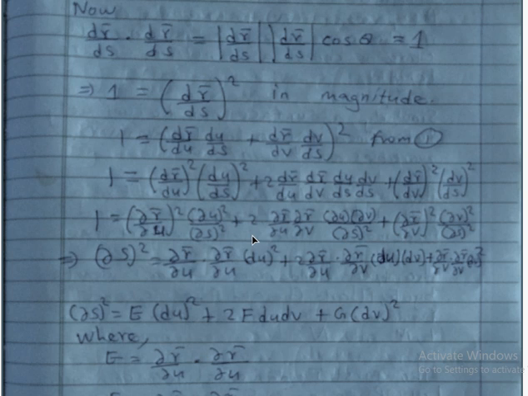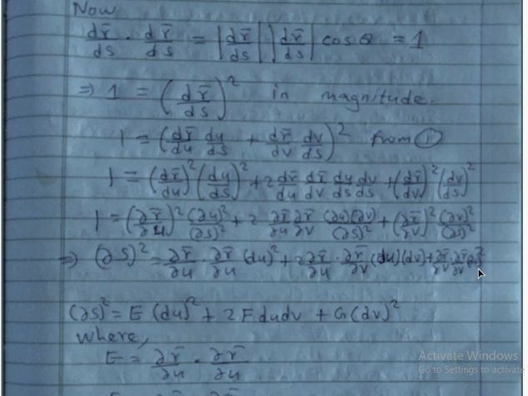Then we get the square of partial s is the same as partial r partial u dot partial r partial u times the square of du, plus twice partial r partial u dot partial r partial v times du dv, plus partial r partial v dot partial r partial v times the square of dv.